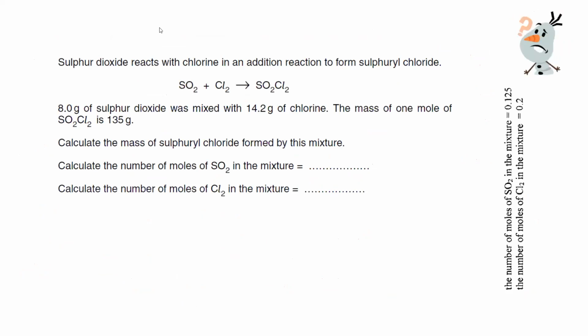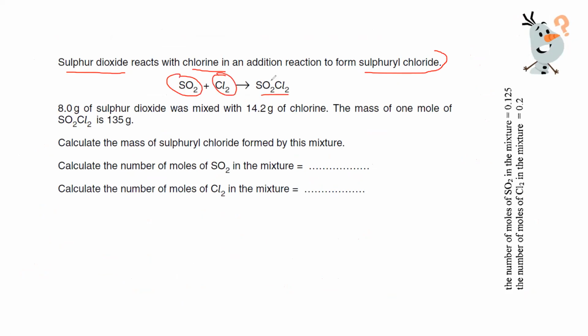Then another question. Sulfur dioxide reacts with chlorine in an addition reaction to form sulfuryl chloride. So this is sulfur dioxide. It reacted with chlorine to form sulfuryl chloride. 8 grams of sulfur dioxide is mixed with 14.2 grams of chlorine.